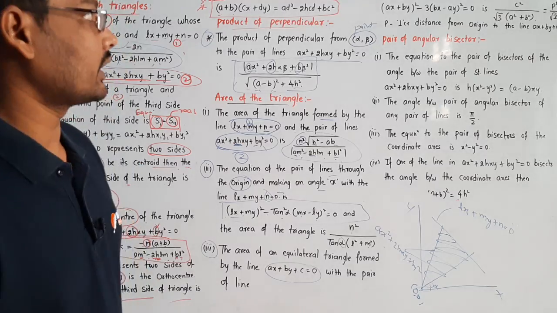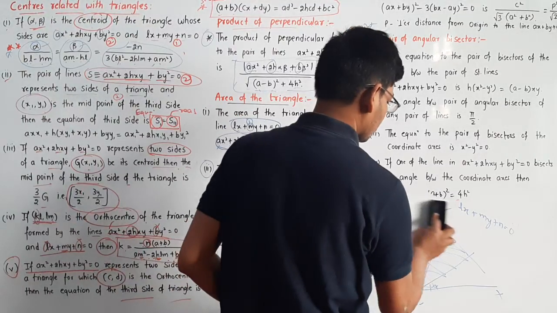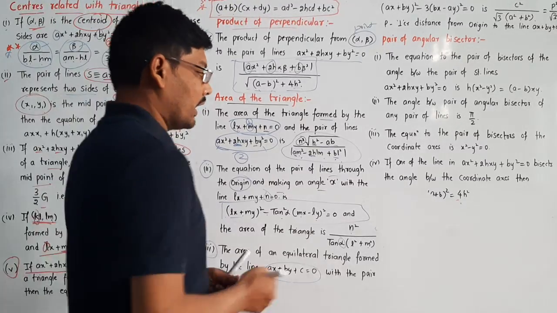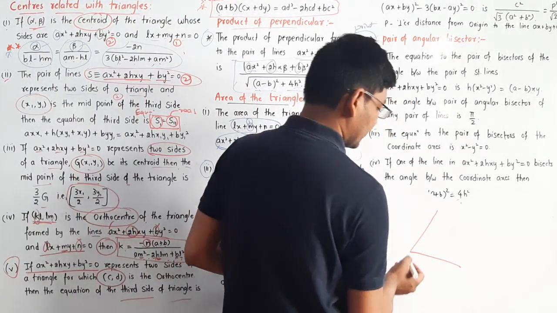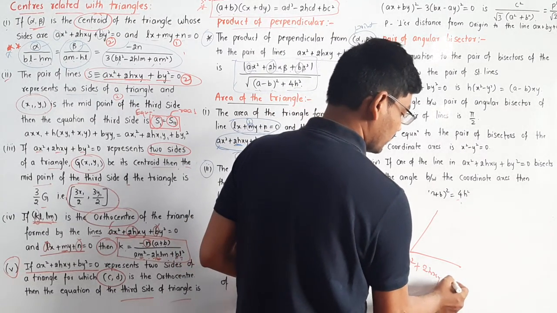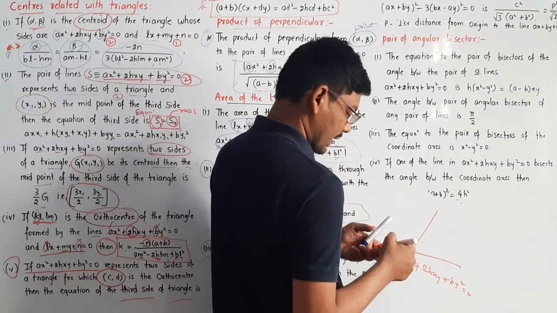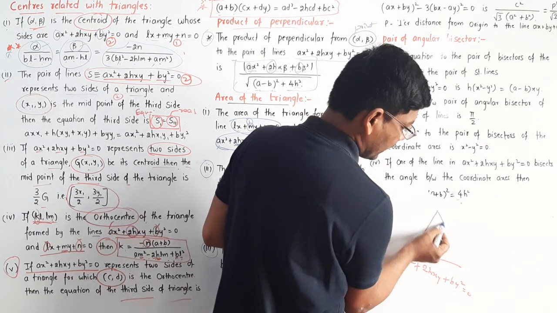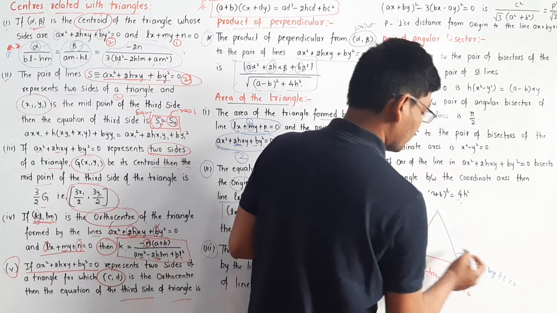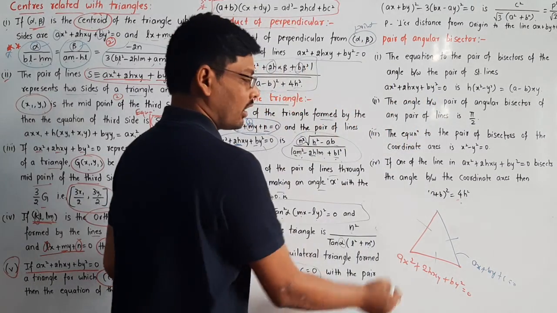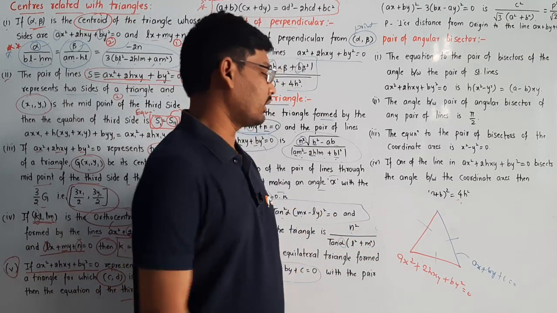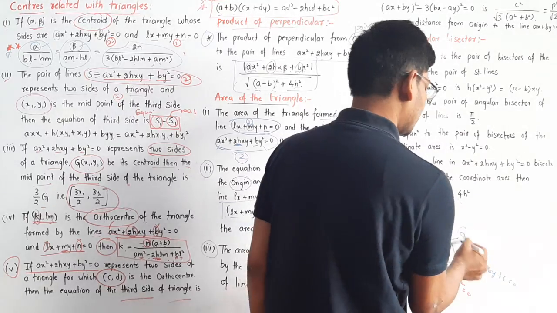For example, I am taking a pair of straight lines with the equation ax square plus 2hxy plus by square is equal to 0, and one more line, ax plus by plus c is equal to 0. This is an equilateral triangle, all sides are equal. This line and these two lines of the pair, all three lines are equal.